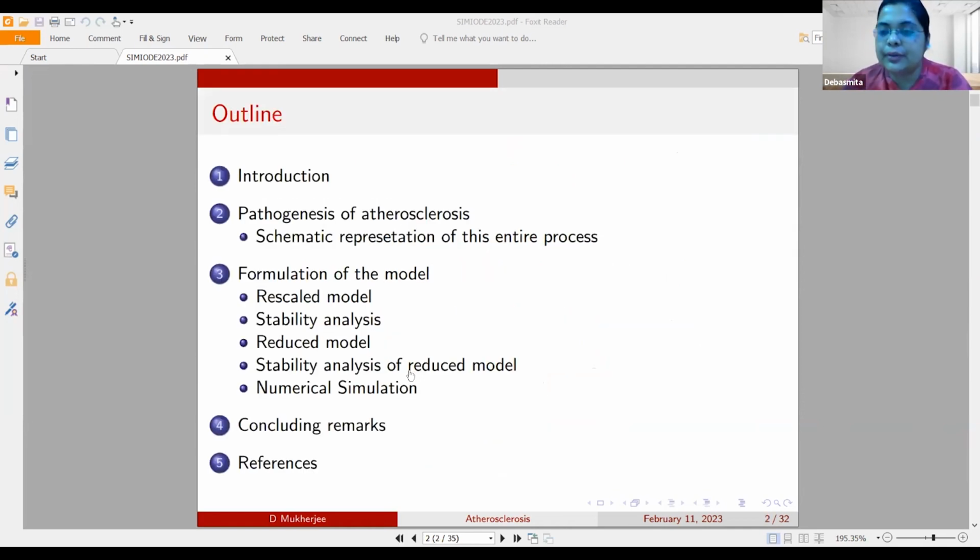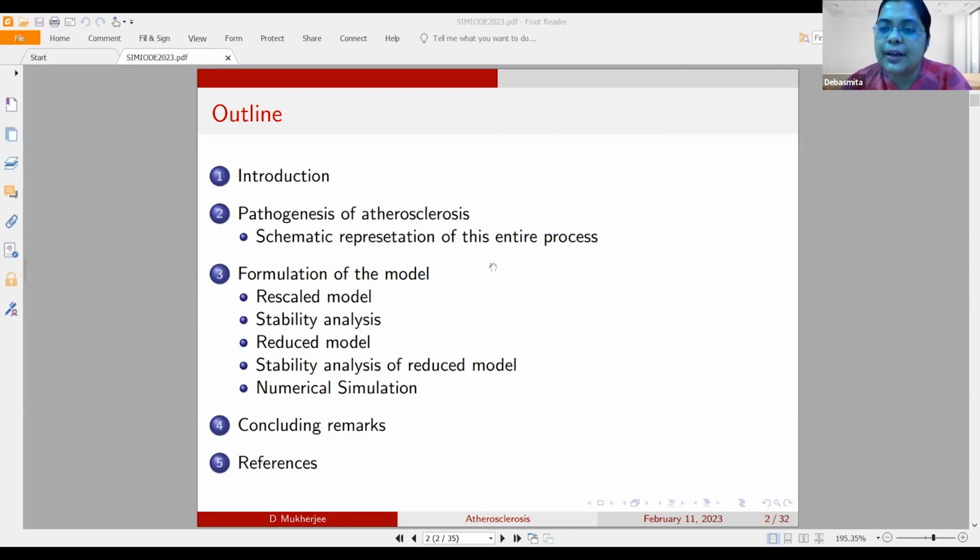The outline of my talk will be, at first I'll give a brief introduction of atherosclerosis, and then I will give a schematic representation of the disease formulation, and then a non-linear ordinary differential equation model.